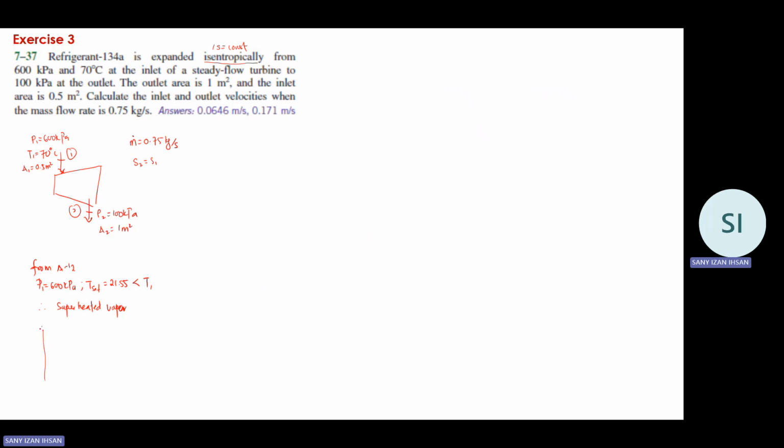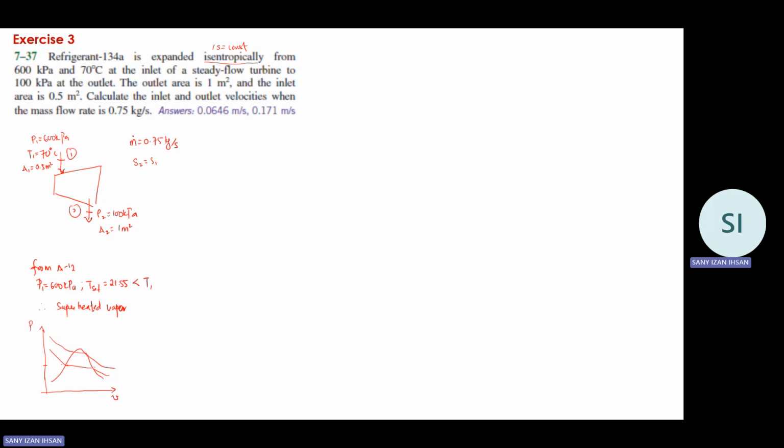In the saturated table, remember, the constant temperature lines go downward. You can check for that particular pressure. If the temperature is higher than the saturated temperature, it should be in this region. Okay, superheated vapor.